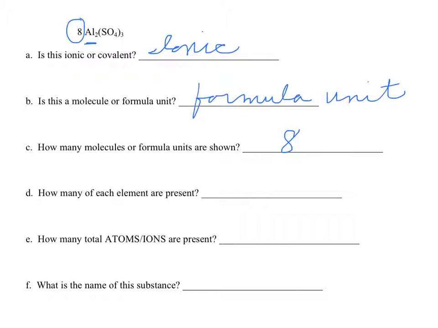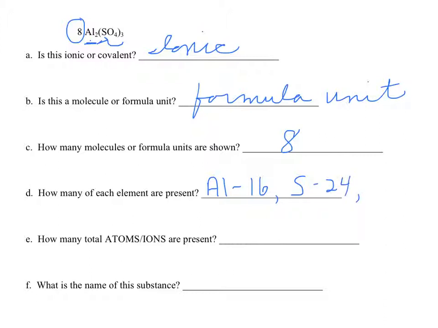And then you look at how many of each element are present. And so we're going to do here aluminum. You'll notice by the subscript, the 2 behind the aluminum says we have 2 aluminum here, but then we have to multiply that by 8. So we have 16 aluminum. And then we have 3 of the sulfur, because of this subscript out here. So there we have 8, 16, 24.